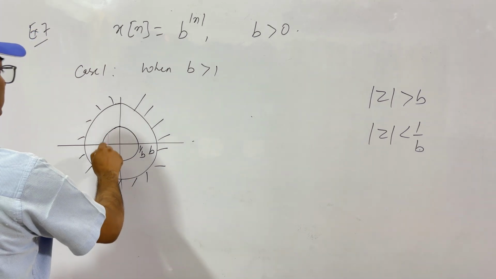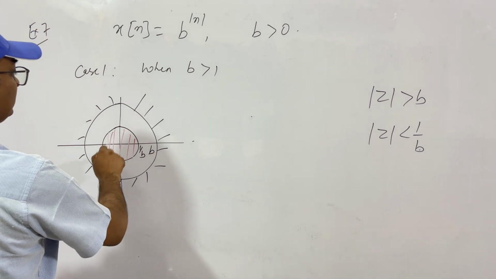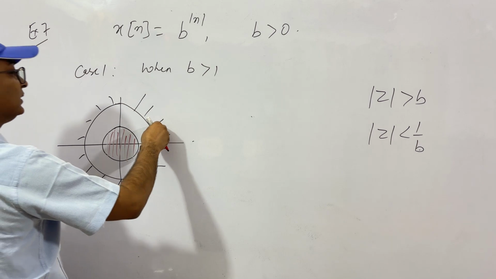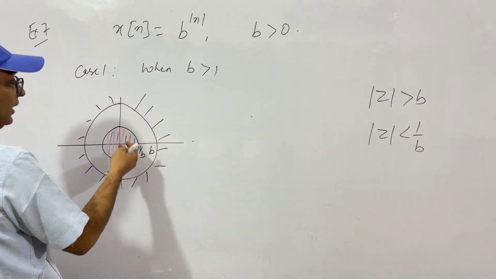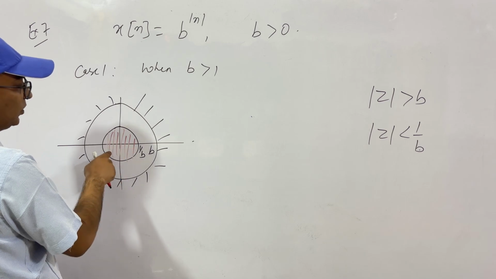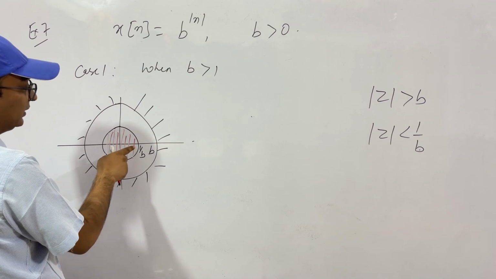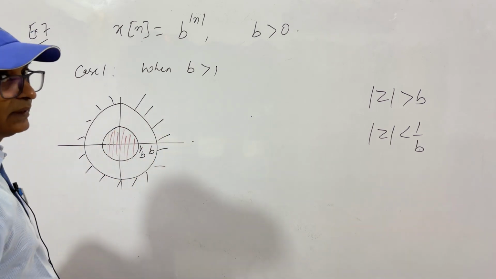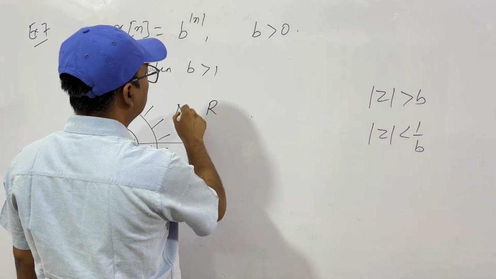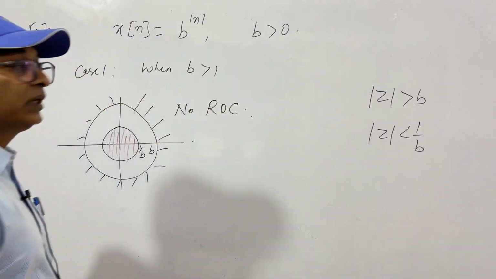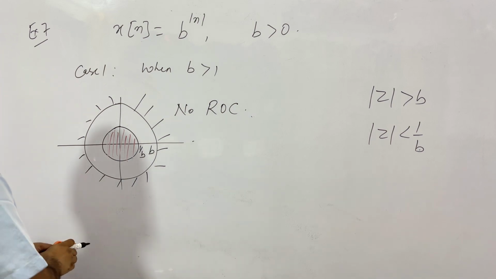That is, the region of convergence here will be this one. See, the first function says the range of values for z is outside of b, this circle. And the second function says the range of values for z is less than this. So there is no convergence. That is, for b greater than 1, there is no region of convergence. Okay, you get this? Now let's see the second case.